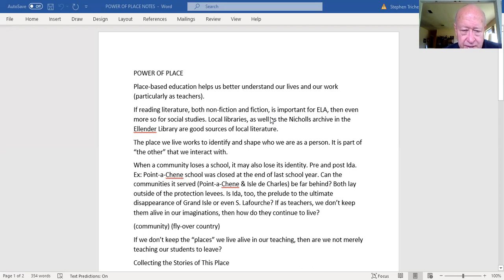But one of the important reasons for us to teach from the local, to teach about our wetlands, to teach about our history, our connections, is that if we don't teach, then students lose the ability to imagine how to continue to live here.